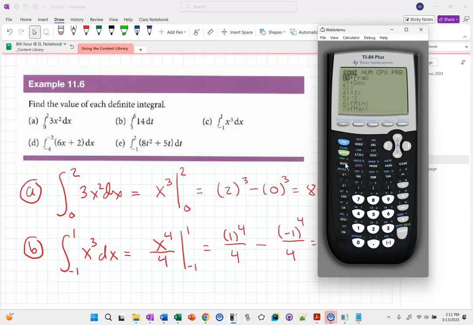To do that, I'm going to press the math button, and I'm going to scroll down to, on my calculator, it's command 9, called fnint. And now I can just type in the problem like it looks on my sheet of paper. So if I wanted to check that first one that we did, I can just type it in exactly like it looks on my sheet of paper. Press enter.